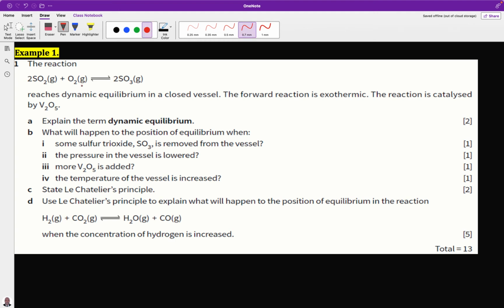Once more, equilibrium will shift from right to left, thereby generating more pressure and establishing a new equilibrium.